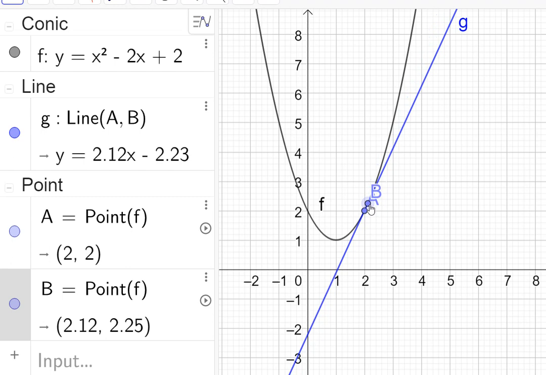What value is the slope getting closer and closer to as A and B get closer and closer together? Well, I can see that my slope is getting closer and closer to 2.